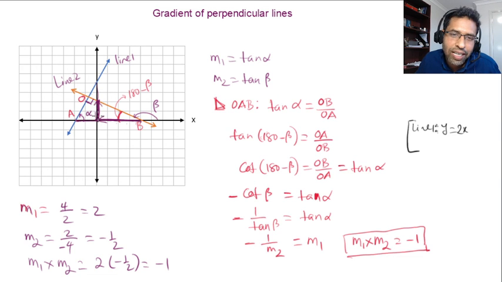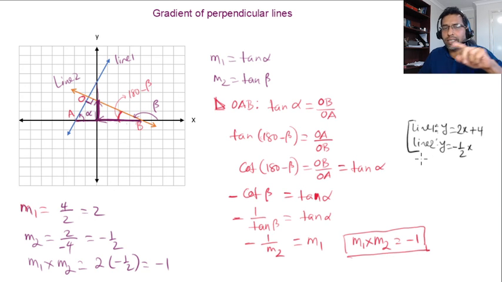We need to count again, 1 2 3 4, so it means plus 4. That's the equation of our first line. For line 2, y equals, the gradient is changing to minus half, so minus half x, and our y-intercept is 1 2, it touches the y-axis at 2, so it's positive 2. So these are the equations of the lines that are perpendicular to each other.